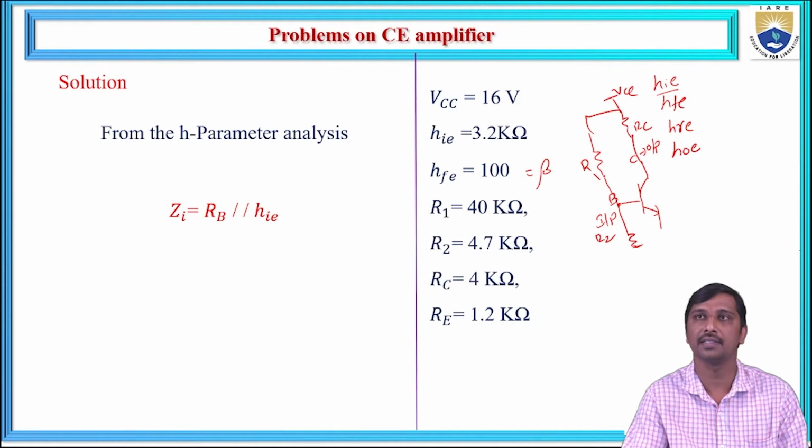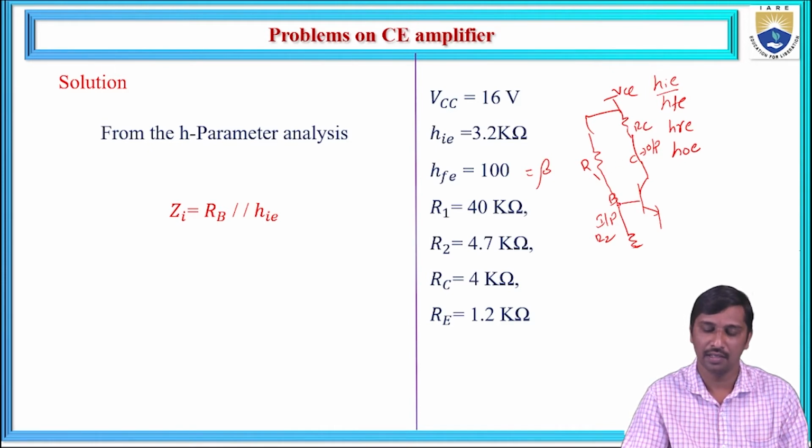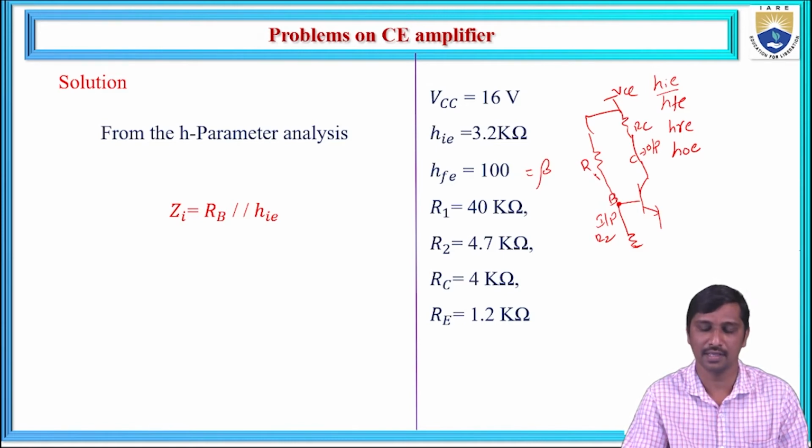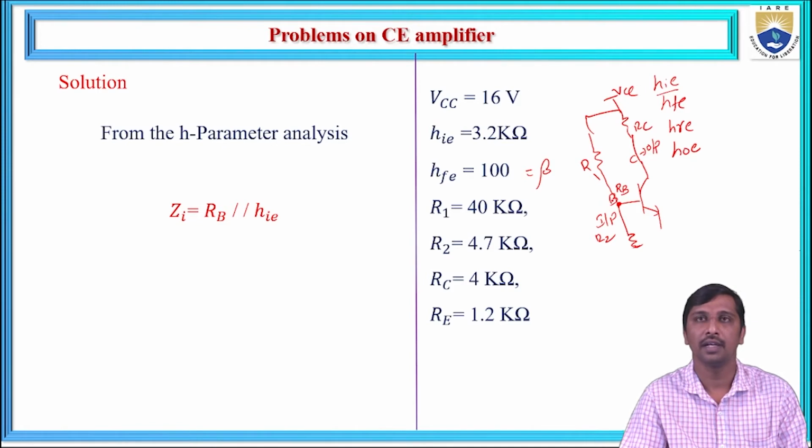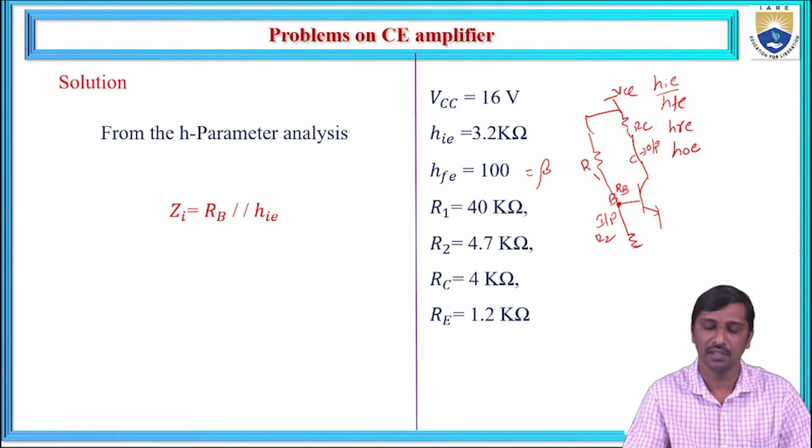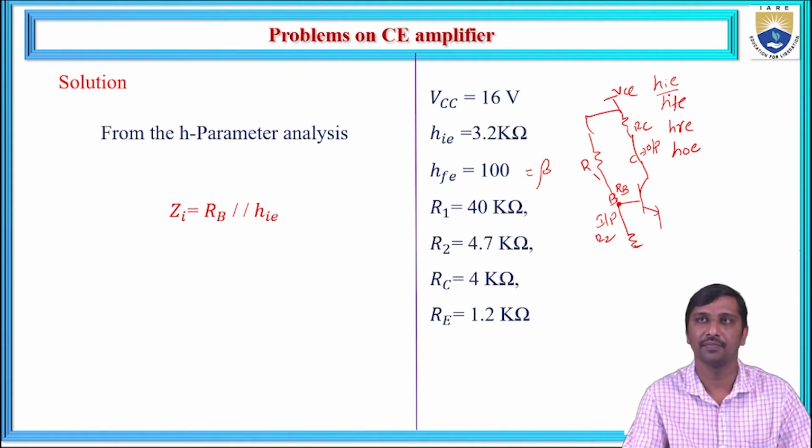This is the collector resistance RC. At the base point, externally it contains two resistances, R1 and R2. The total equivalent resistance here we consider as RB. This external base resistance also affects the internal input impedance. What is the internal input impedance? That parameter is HIE.